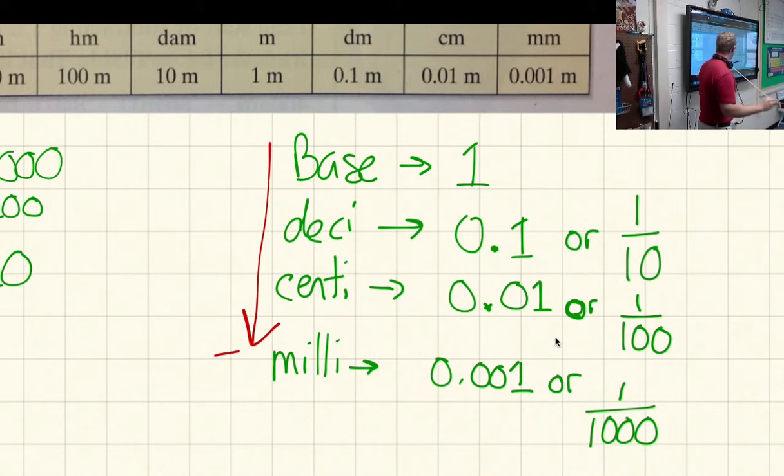So there are 1,000 millimeters, 100 centimeters, because it's 1/100th, 1 centimeter, right here, 1/100th the total. There is 10 decimeters. This is a decimeter right here. 1/10. There's another 10th, and another 10th, etc. And then the base, 1 meter. This is 1 meter. This is 10 decimeters. This is 100 centimeters. This is 1,000 millimeters.